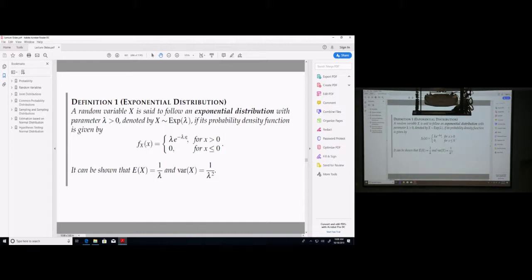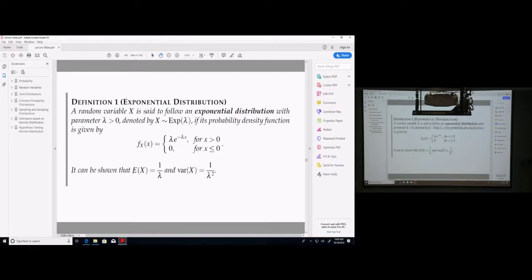So the better way of describing the exponential distribution is to specify the mean. Once you specify the mean, then your lambda will be specified, whether you write it the way that we write it here in this module, or the way some other people write it, with 1 over lambda.